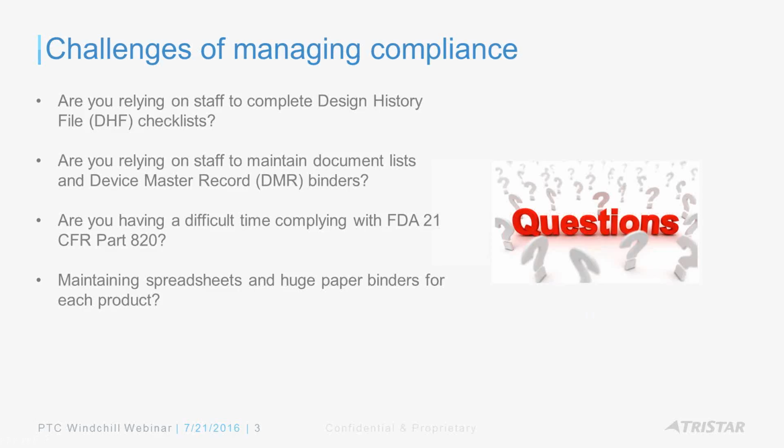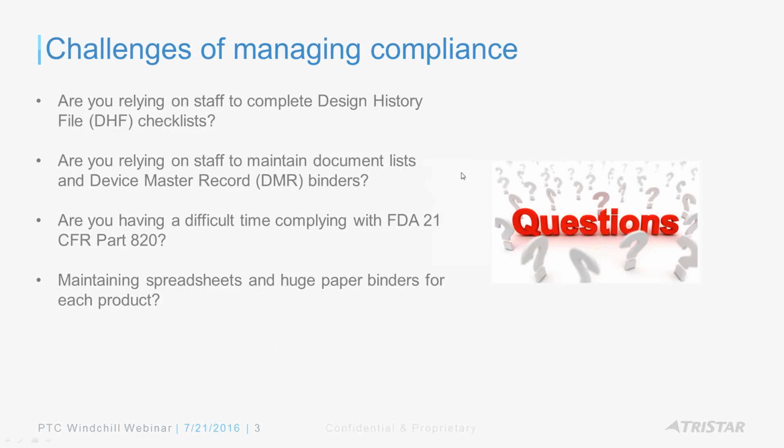Windchill is a great tool to keep all that information in one place, but then how do you get all the associated documents, part numbers, CAD files, all in one place where I can easily report out on to see how far along are we? Is everything complete? Is there anything missing?